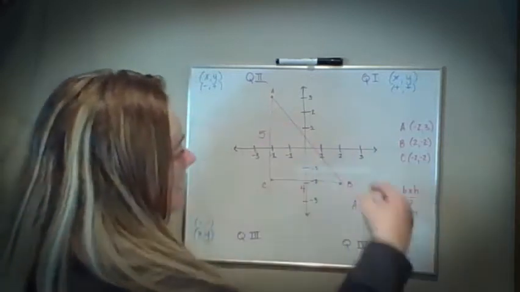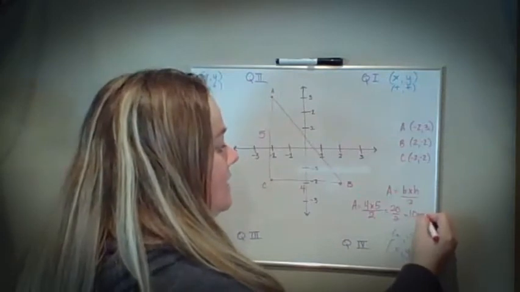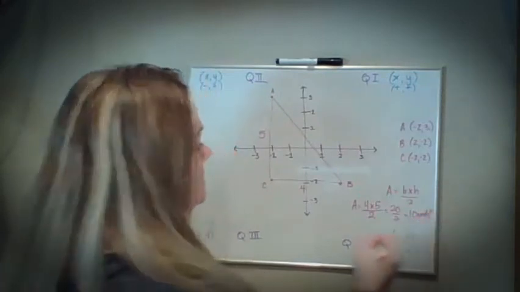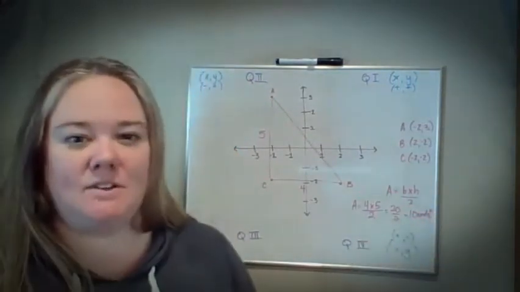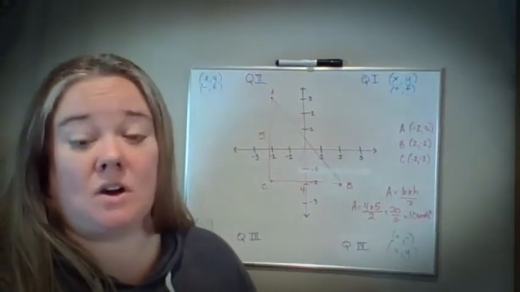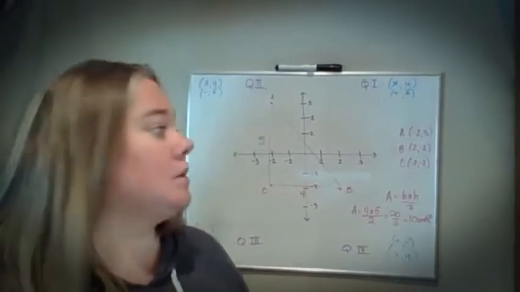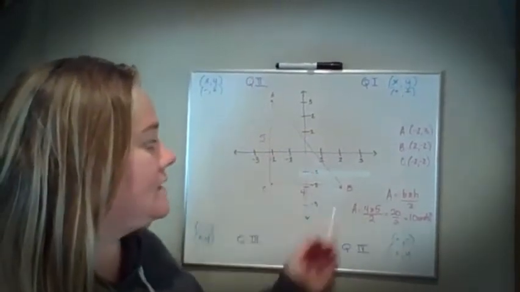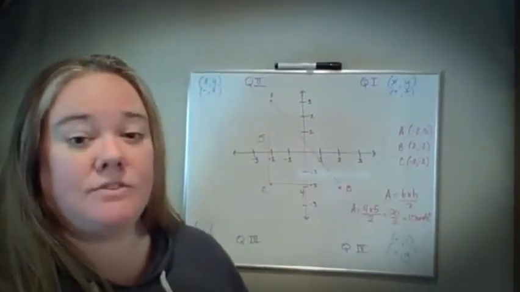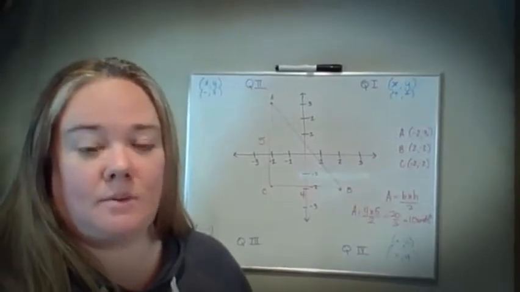So the area of this triangle is 10 units squared. That's using 4 quadrants in order to be able to find the area of the triangle after you plot the 3 points.